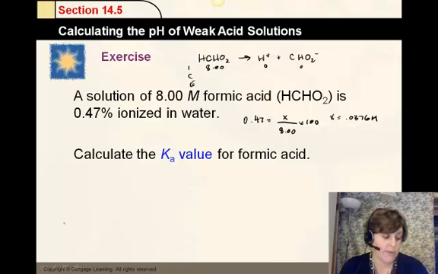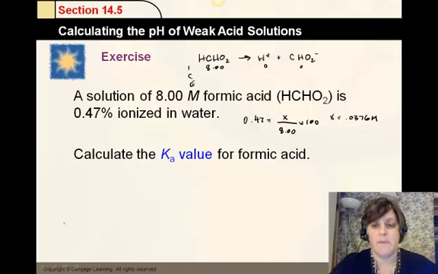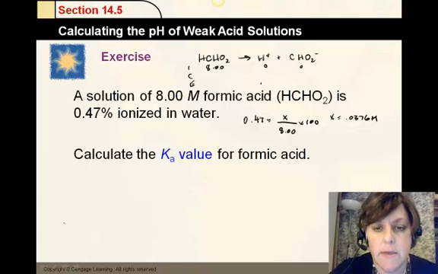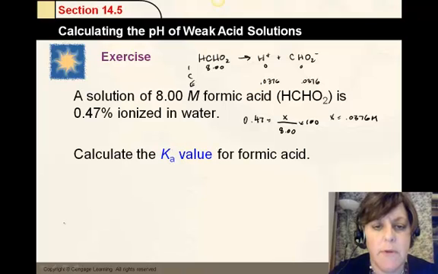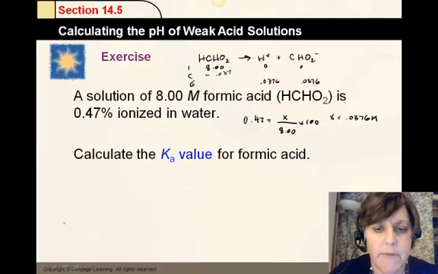So how do I do that? Well, pretty easily, because products over reactants, you notice 0.0376 is the change column, minus 0.0376, which won't make much difference.